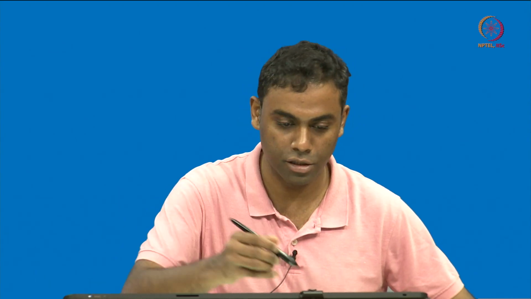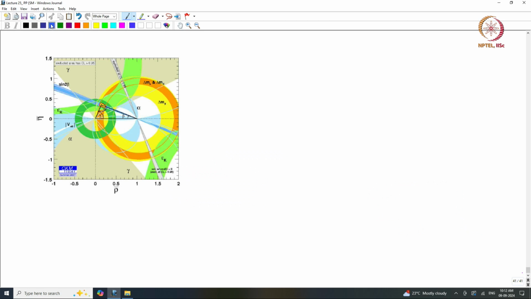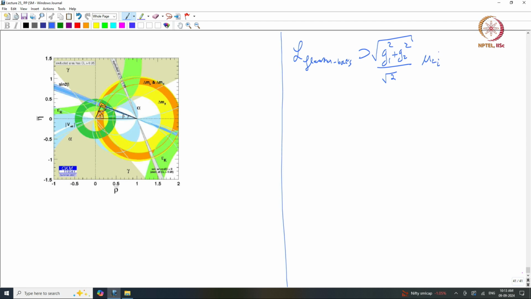So, I am going to wrap up this lecture by writing down some terms to show why you do not have flavor changing neutral currents in the standard model. Let us see where these things even come from. See, in the flavor basis, I have ULI dagger, in exact analogy with the W boson interaction terms, I have this, correct.